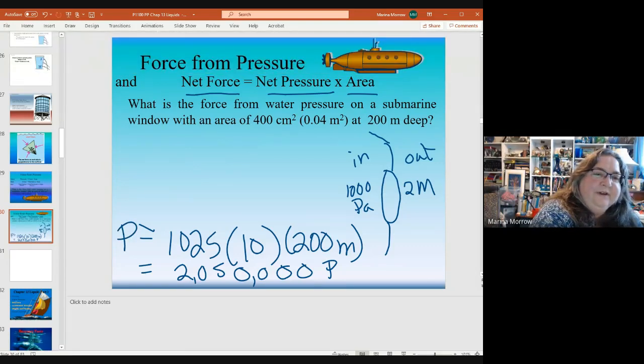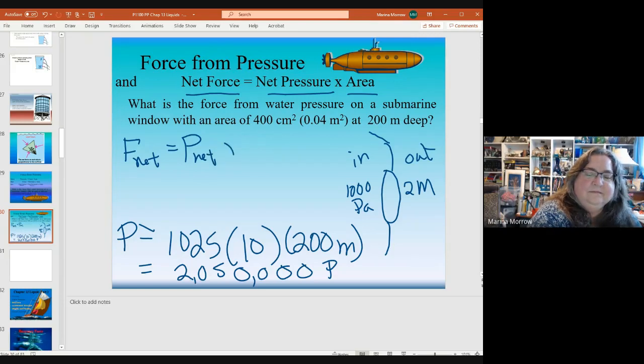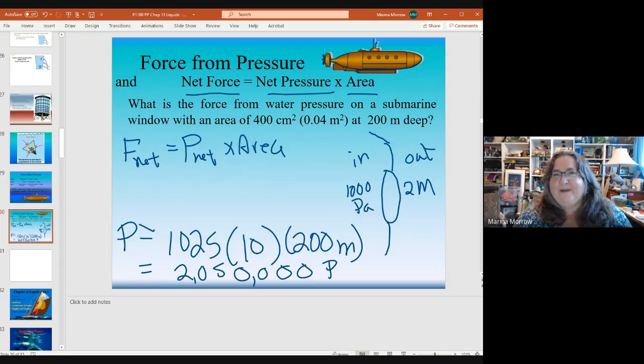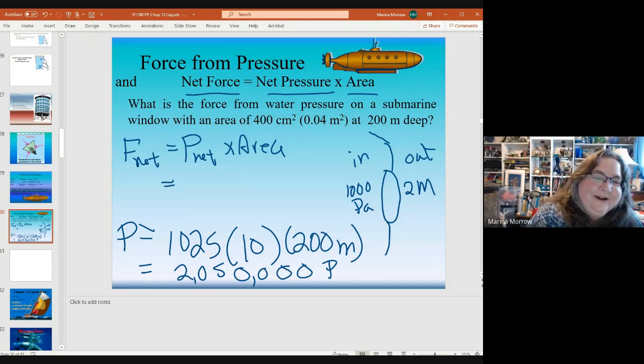So if we're looking for the net force, which here is 2 million minus 1,000, so basically it's still 2 million. We haven't taken much off. It's still about 2.05 million.